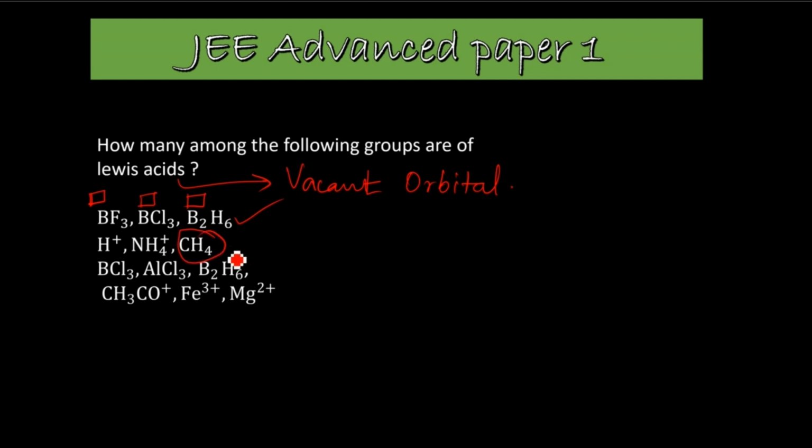B can't be our answer, CH4 is there. And moving to option C, C can be our answer: BCl3, once again AlCl3, B2H6. And then what about D? Here you can see these do not have any vacant orbitals as we have for BH3 or BF3, but these have a positive charge which can accept the electrons, right? So D can also be our answer. So the answer to this question is ACD.